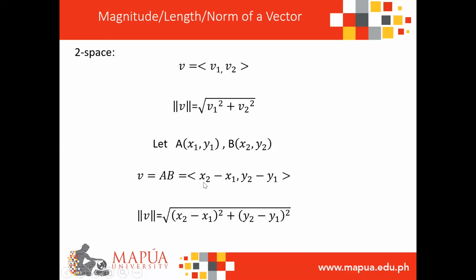Take note that the components of your vector are obtained by getting the difference of the coordinates of the terminal point and the initial point. Its magnitude can be obtained similar to the distance formula, and that is equal to the square root of quantity x sub 2 minus x sub 1 squared plus quantity y2 minus y1 squared.